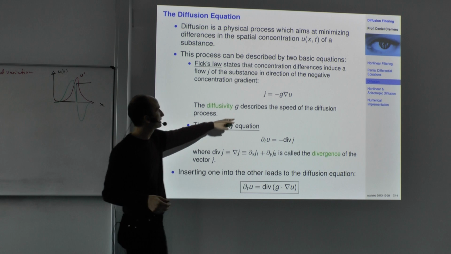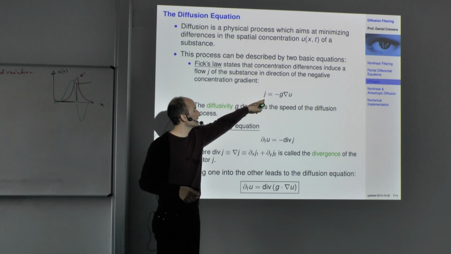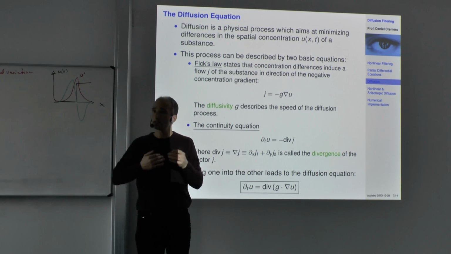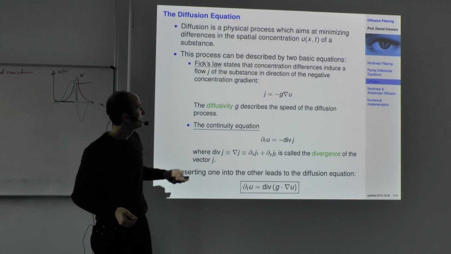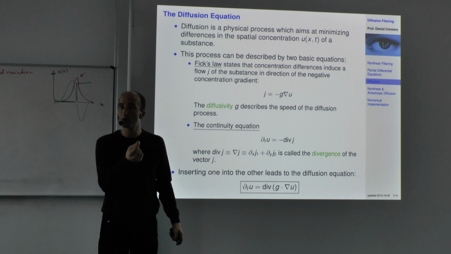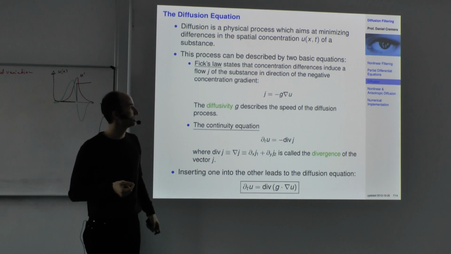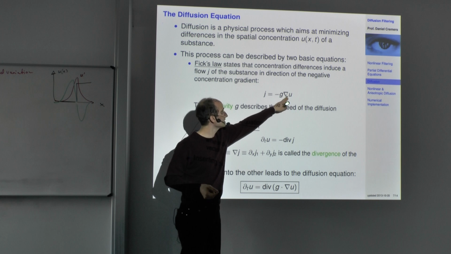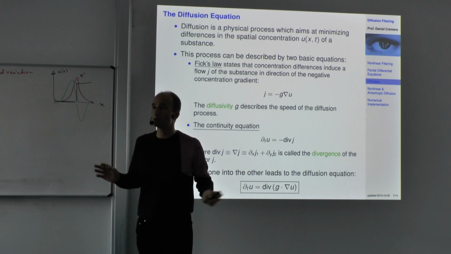And how fast will it diffuse? The speed of diffusion, this J, is the velocity by which it diffuses, and it depends on how strong the concentration gradient is, how strong the variation of concentration is. If the concentration is constant, the gradient is 0, and there is no diffusion.